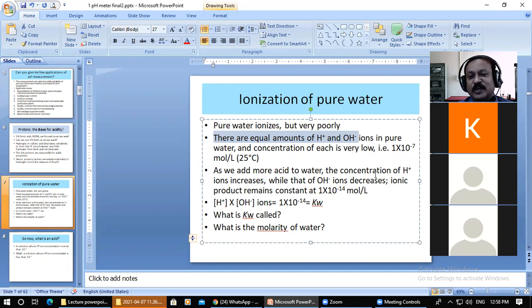It is a low concentration, that is 1 into 10 raised to minus 7 moles, or rather 1 into 10 raised to minus 7 protons and 1 into 10 raised to minus 7 hydroxyl ions per liter.